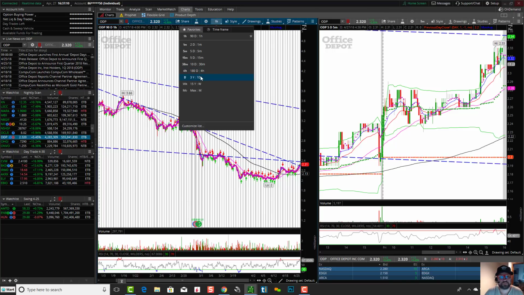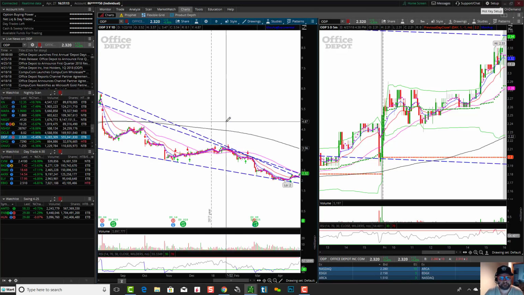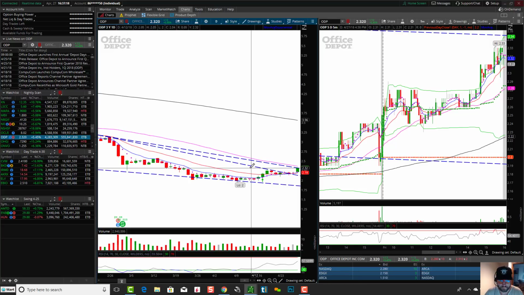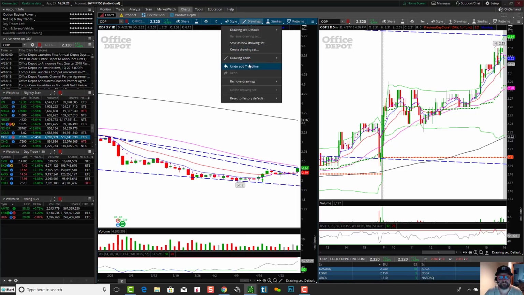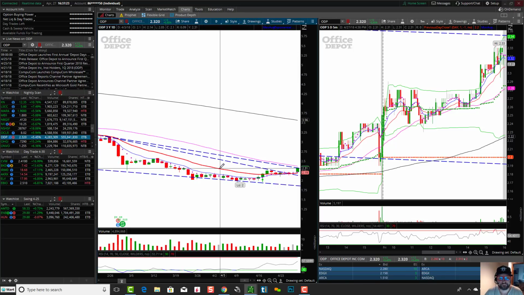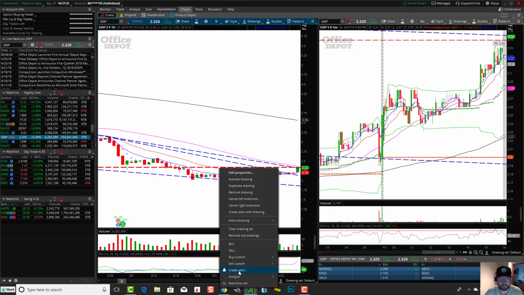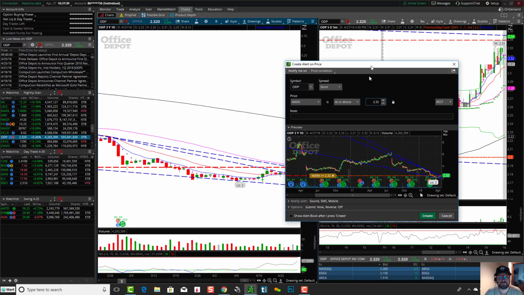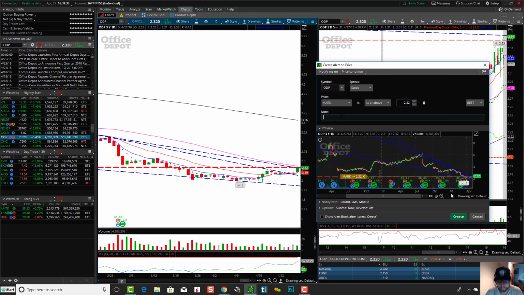So let's take a look here. All right. Price in falling wedge may be looking to break out.